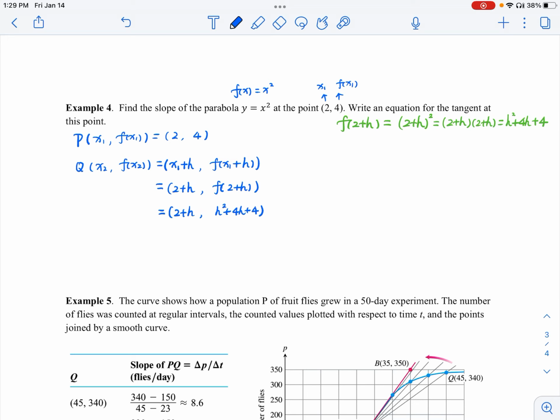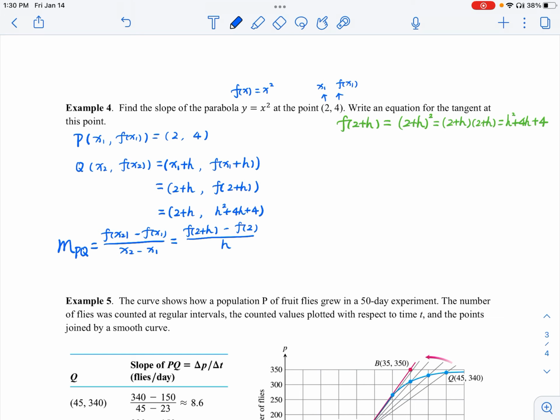Now we can calculate the slope between those 2 points. That should be f(x2) minus f(x1) divided by x2 minus x1. Or you can write f(2 plus h) minus f(2) divided by h.